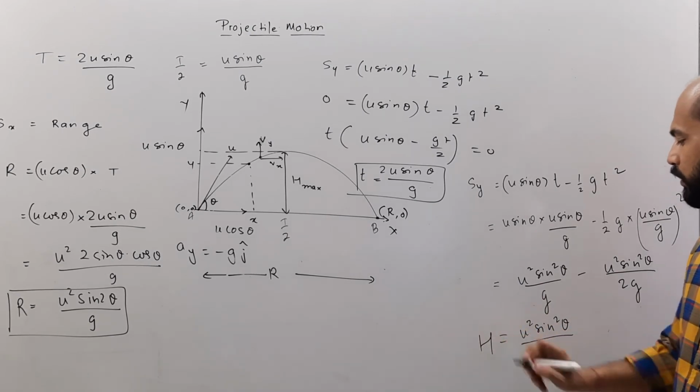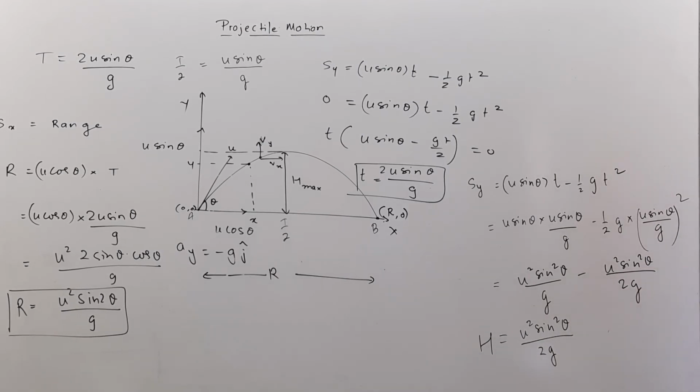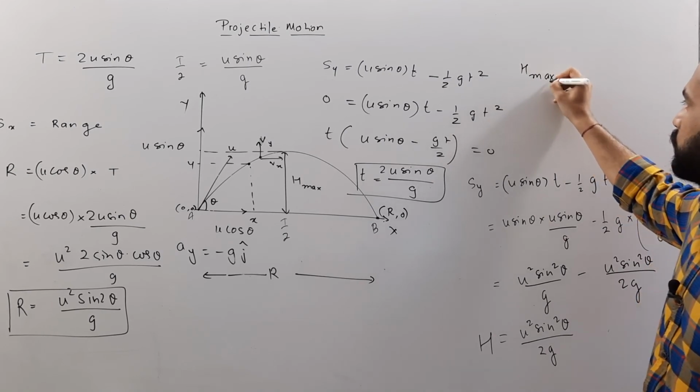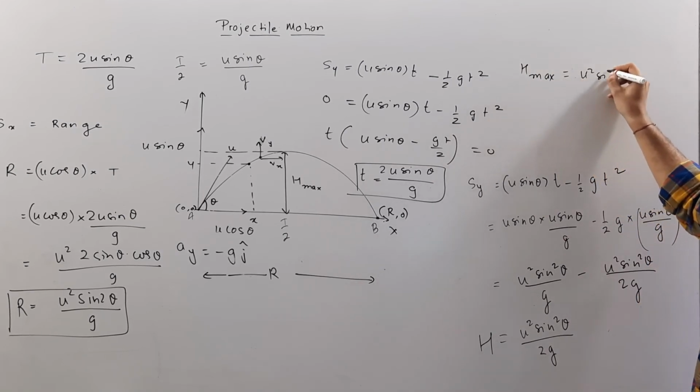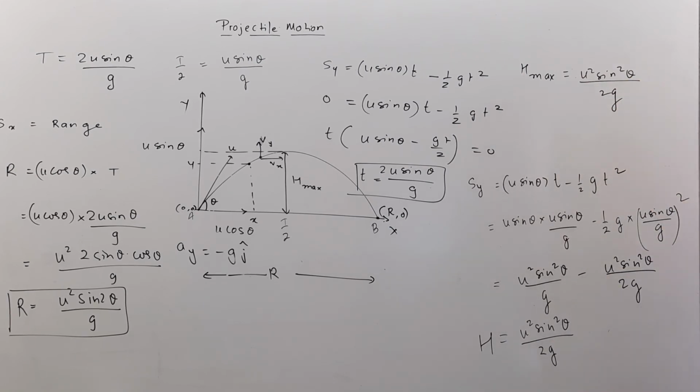This is nothing but height. So we have got the expression for height now. So h max would be given as u square sin square theta by 2g.